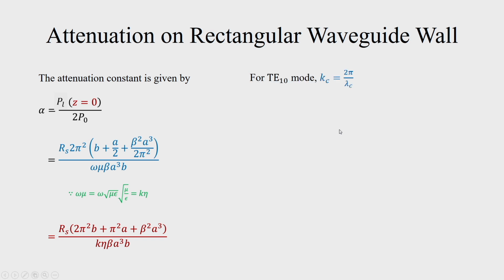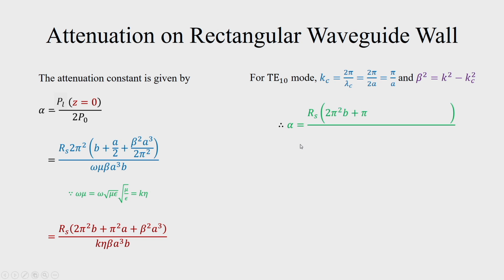Now, for TE10 mode, the cutoff wavelength lambda c is related to cutoff wave number k c as 2 pi by lambda c, and lambda c is 2a. So, k c can be written as pi by a, and we know that beta squared is equal to k squared minus k c squared.